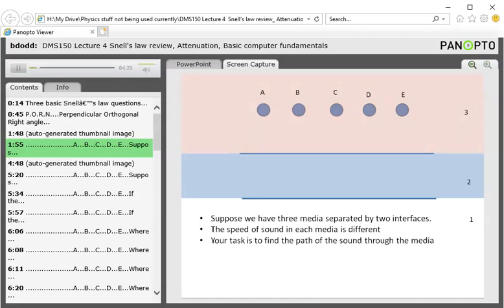Okay? All right. If this one happened to be faster, so we'll say that now it's back to 1540, then we know that when it got here, it would deviate out, and then the answer would be either D or E, depending. But that's sort of what you look for, is what is the best possible answer.